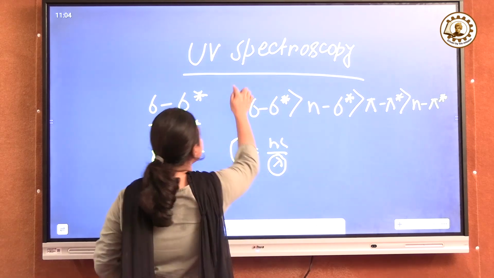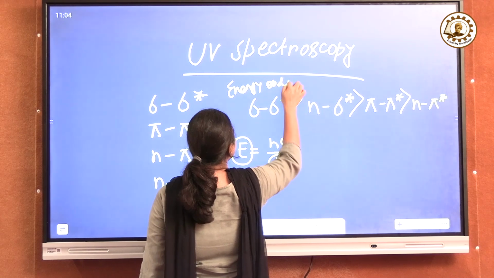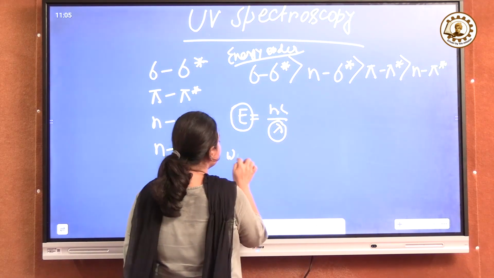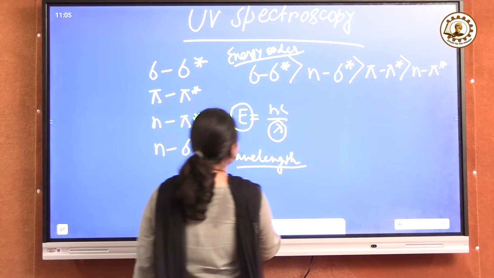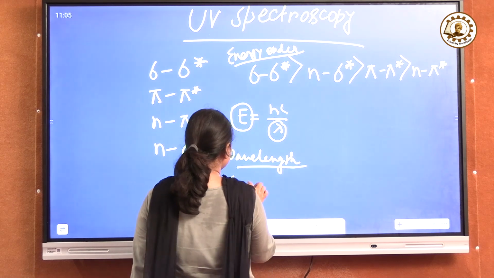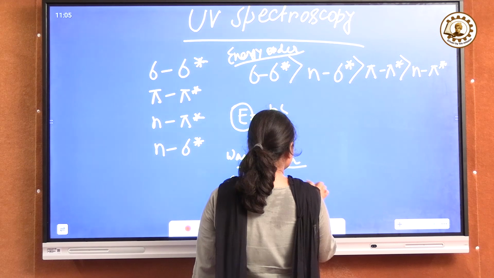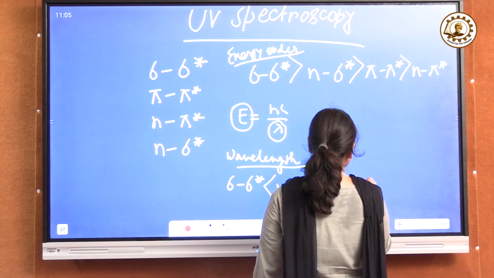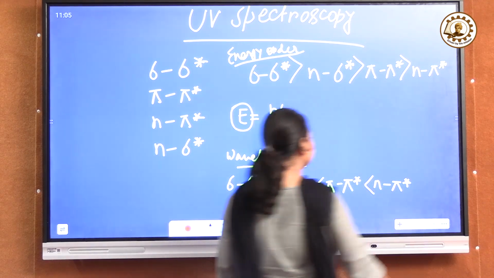So, if this is the energy order, then the wavelength order would be sigma sigma star less than n sigma star less than pi pi star less than n pi star.